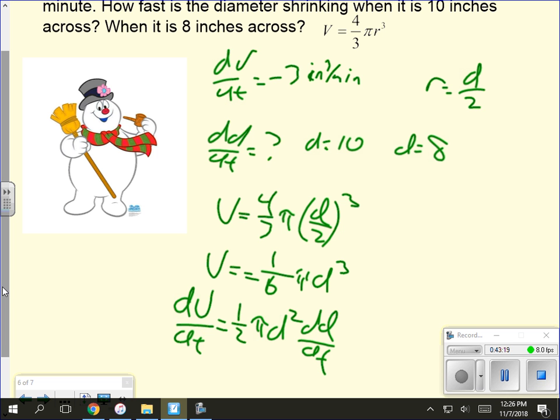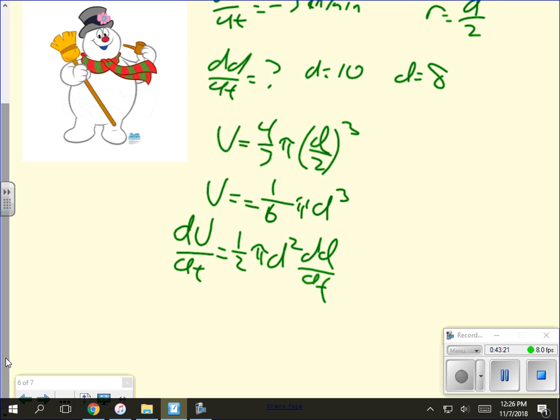And then you plug in your values. You need to do it twice. Once for 10. 100, that's 50.